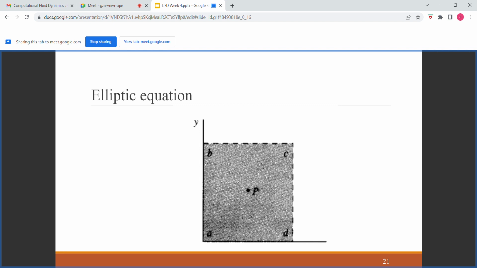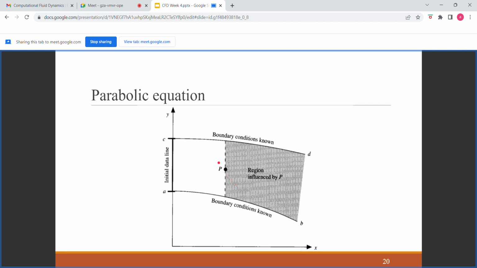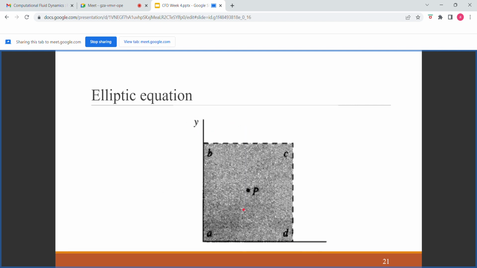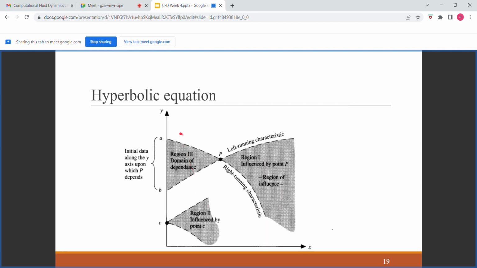So for a hyperbolic equation we had only a few data points. We were not using all. Here we were using all the boundary conditions, and similarly for elliptic also we could use all the boundary conditions, but for hyperbolic only a few; only the region of dependence should be accounted for when considering the boundary conditions.